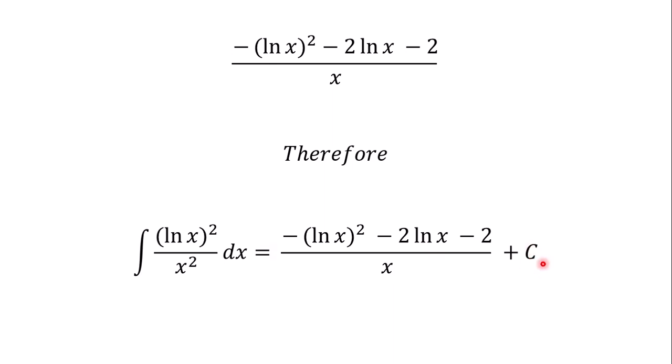And this c is telling us that we are done with the integration. So when you integrate this one, this is what you are going to get at the end of the day.